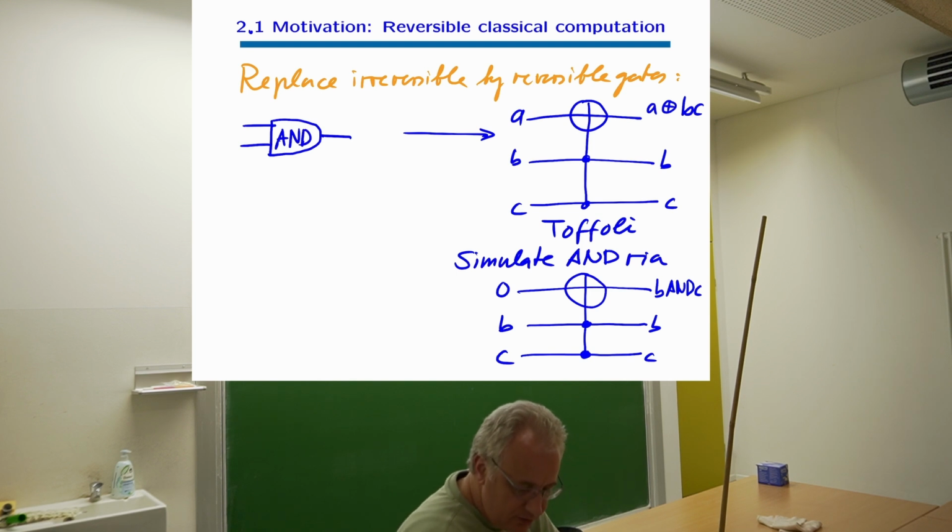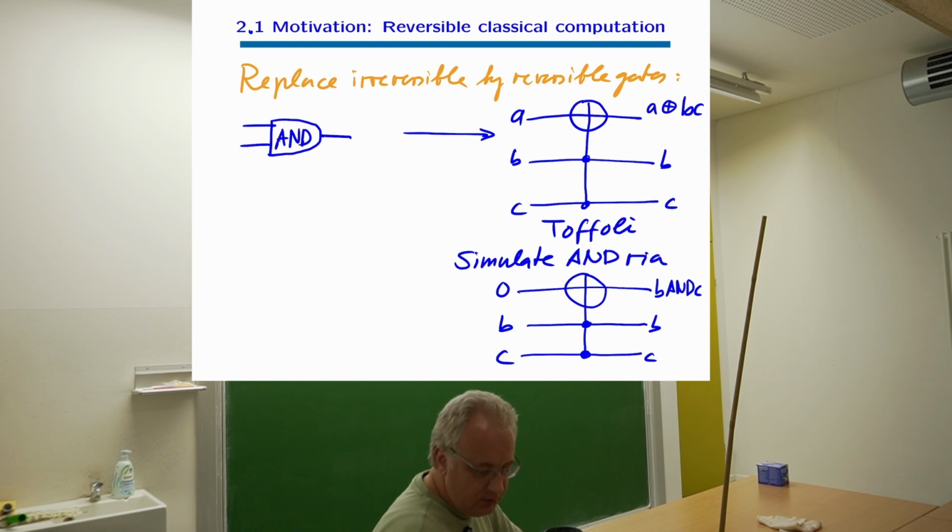And now you can use this Toffoli gate to simulate an AND in the following way. On the top bit you put in a 0, and after you have passed the gate, you will have B AND C in that slot.